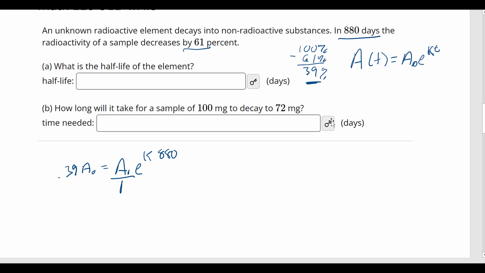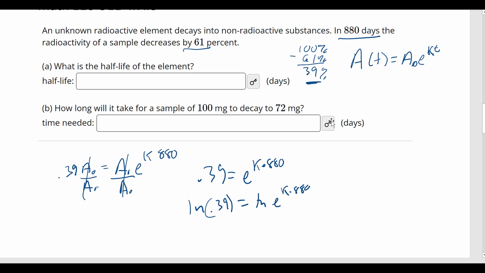So we could divide A sub 0 from both sides. And 0.39 equals e to the k times 880. If we take the natural log of both sides, this is how we can get down to this exponential. That cancels the natural log of e.